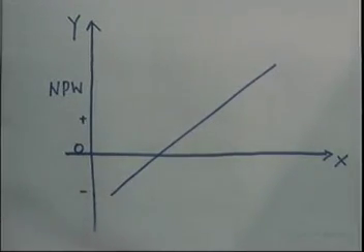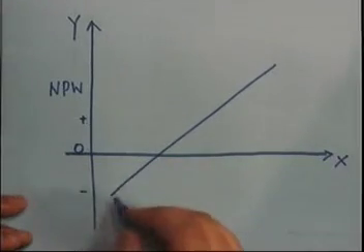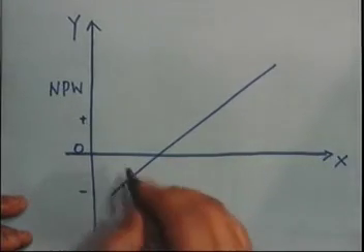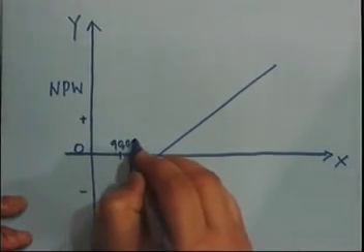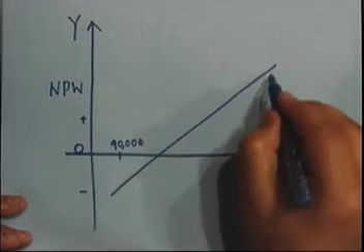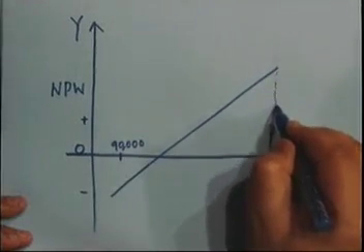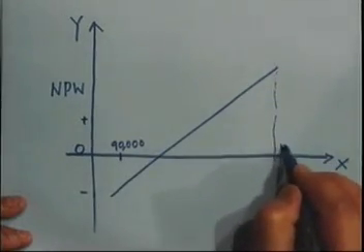on which on one axis I am having absolute values of net present worth, and on the horizontal axis I am having the absolute values of incomings. For example, let us say this is 90,000, and let us say this value is 100,000.